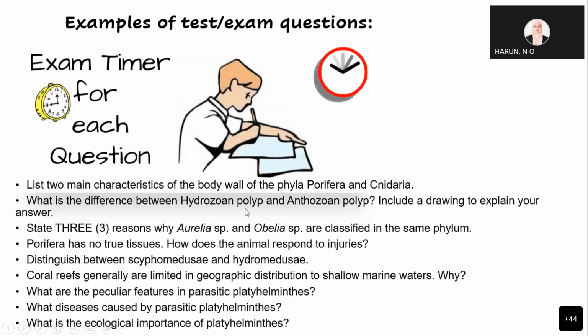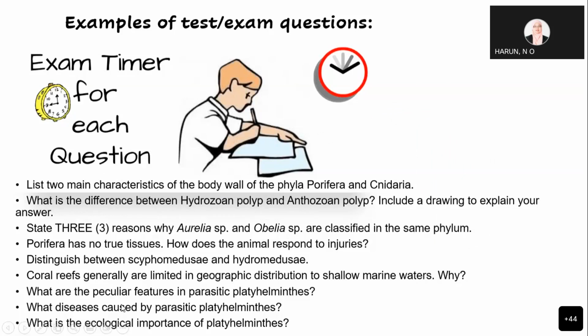Okay, this is an example of a test or exam question. For example, list 2 characteristics of the body wall of the phyla Porifera and also Cnidaria. I want you guys to do this and then I will post it on the LMS later. And what is the ecological importance of Platyhelminthes?